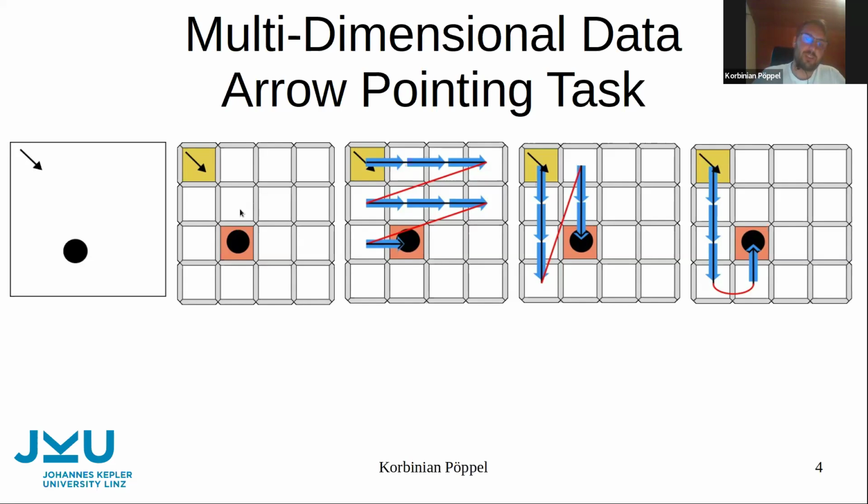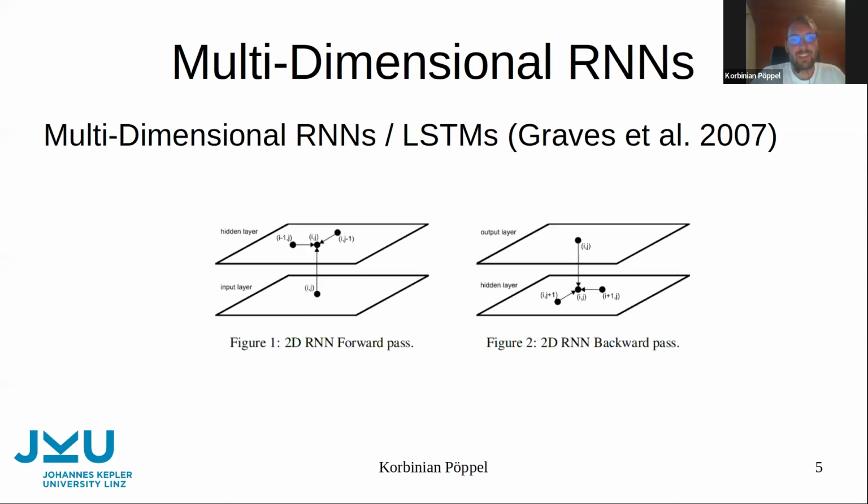So, can we resolve this? Can we maybe even extend linear RNNs to multiple dimensions as we have it for images? And actually, it is the case.